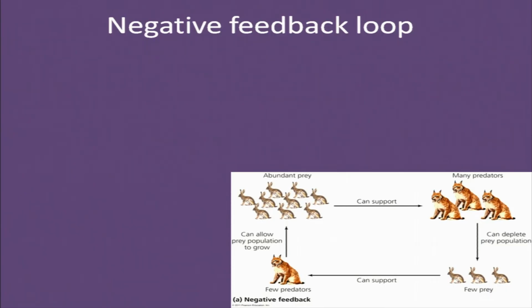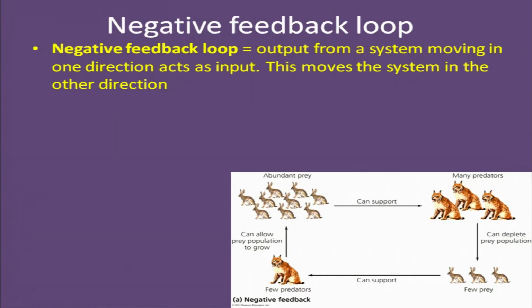Negative feedback about the abundance of prey and predator. In negative feedback, output from a system moving in one direction acts as an input that moves the system in the other direction. What is shown here is that there are many prey available, and that can support many predators.